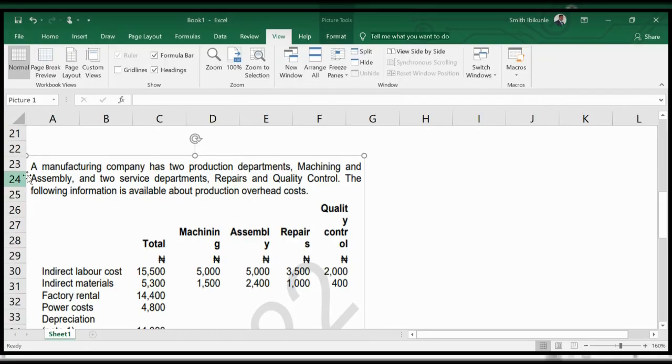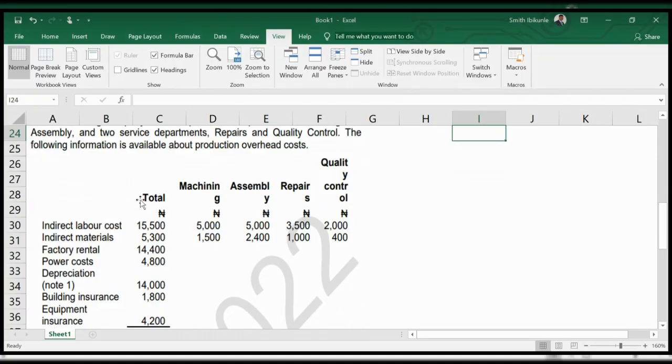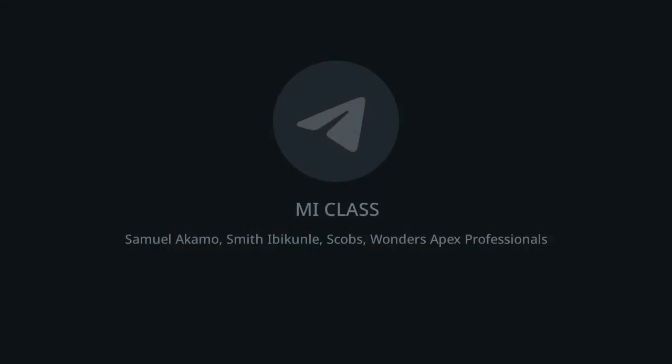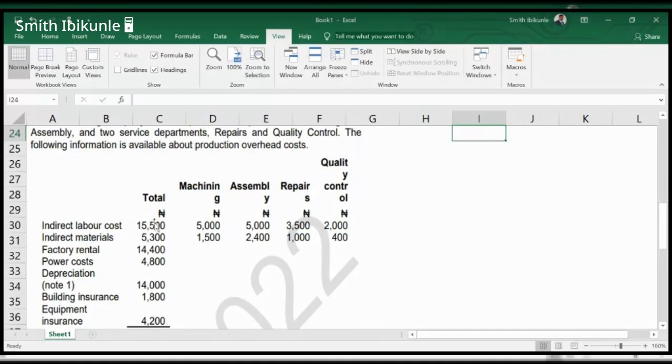Now a manufacturing company has two production departments, machining and assembly, and two service departments, repairs and quality control. The following information is available about production and overhead costs. These are the various expenses. You have indirect labor costs, total 15,500, already shared as 5,000, 5,000, 3,500, and 2,000.